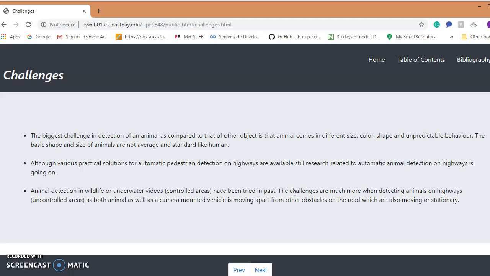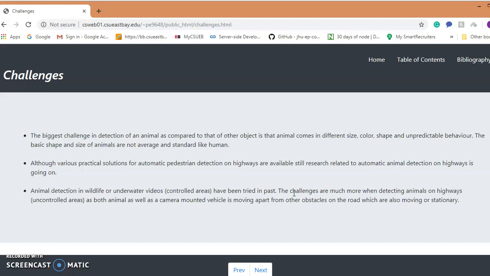The basic shape and size of animals are not as average and standard as those of humans. Although various practical solutions for automatic pedestrian detection on highways are available, research on automatic animal detection on highways is still going on.